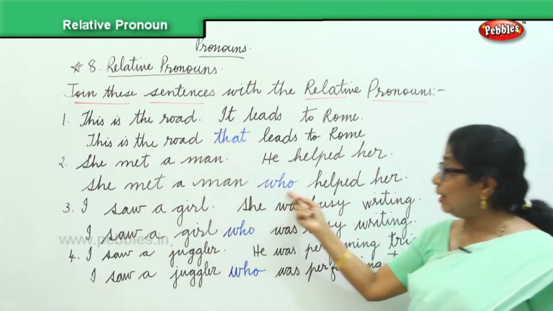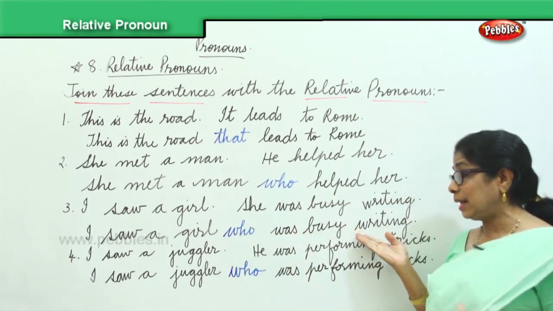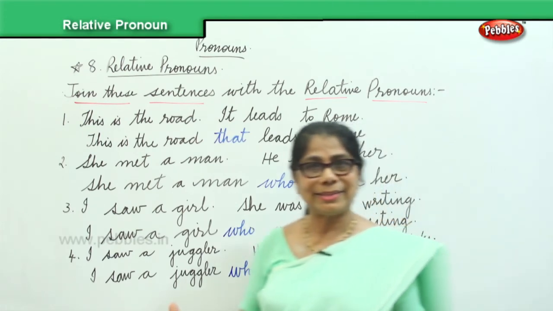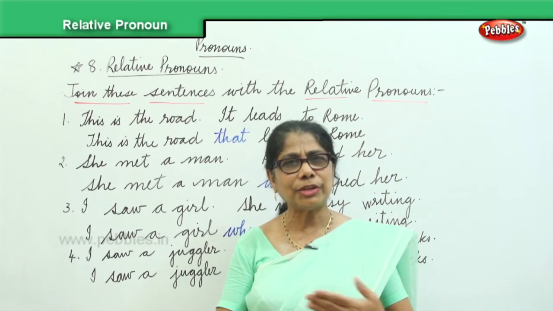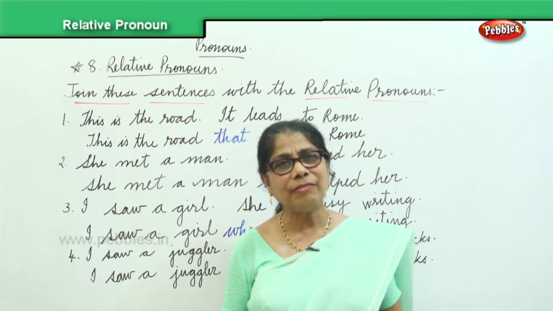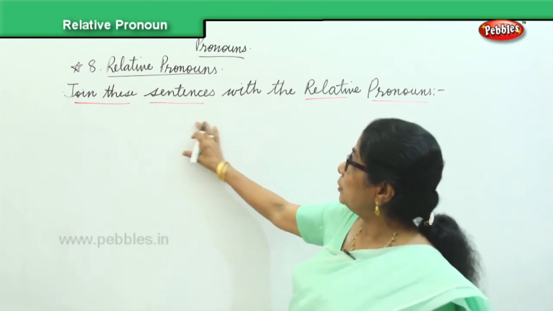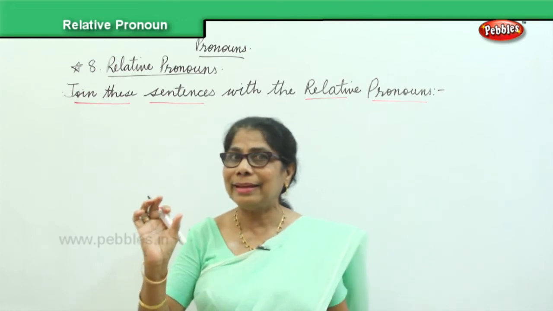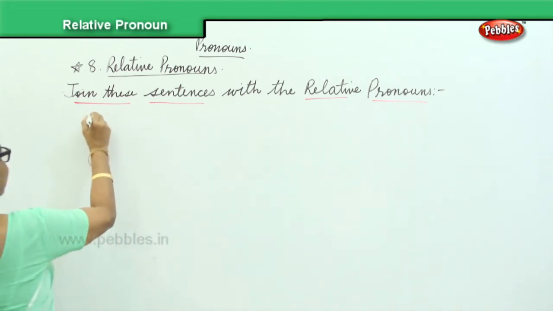She met a man who helped her. I saw a girl who was busy writing. I saw a juggler who was performing tricks. So we have done 4 sentences. We'll do one more exercise for us to understand the relative pronoun. We'll do a few more sentences, joining sentences with the correct relative pronoun. 4 we have done. Now here's the 5th one for you.